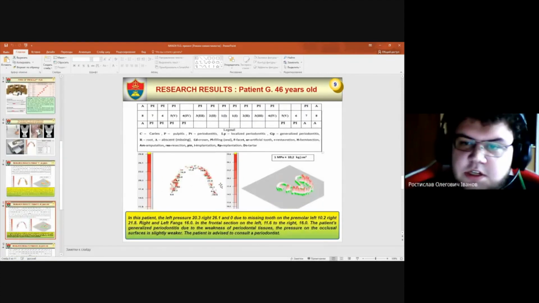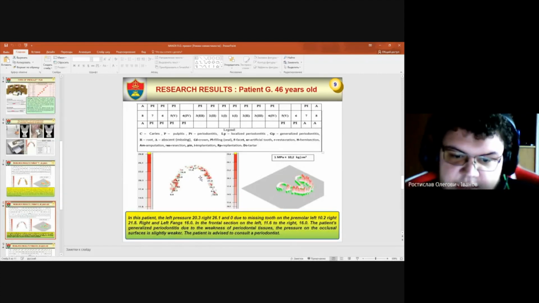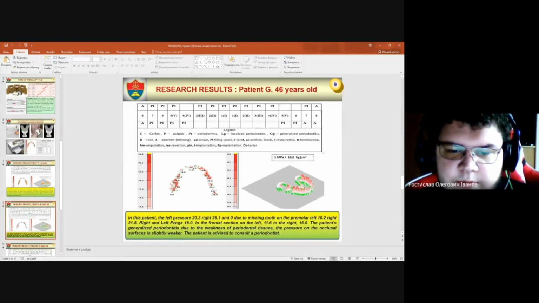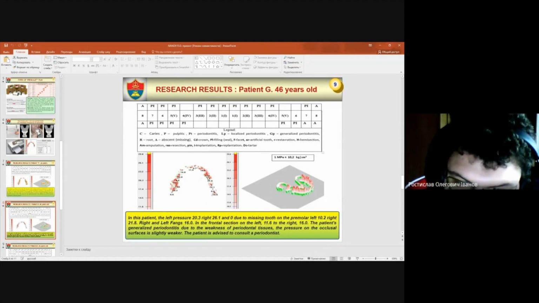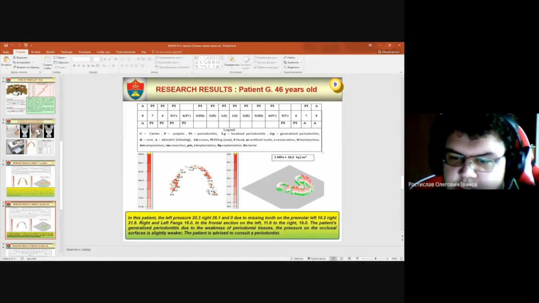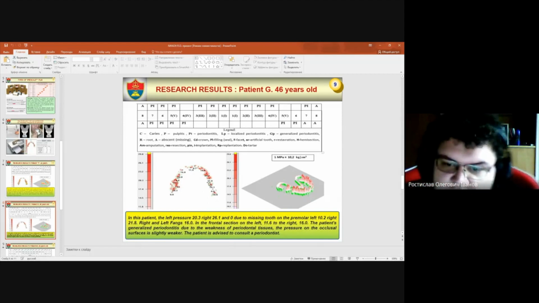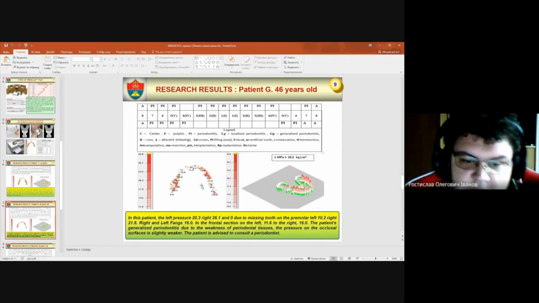Next one is patient G, 46 years old. This patient has a little pressure on the left of 20.3 and on the right 26.1, and 0 due to the missing tooth in the left premolar area. 10.2 on the right.